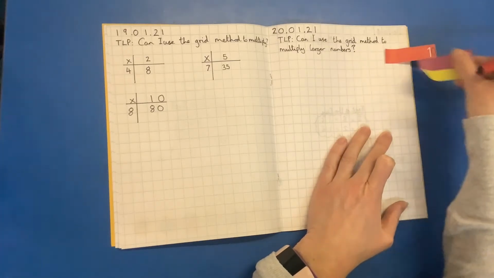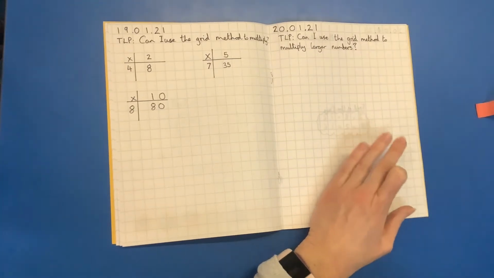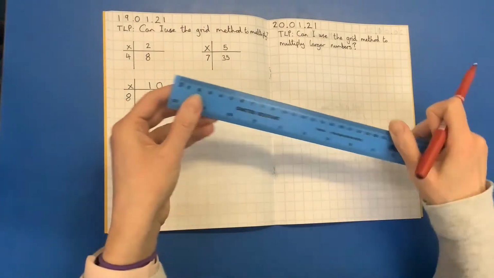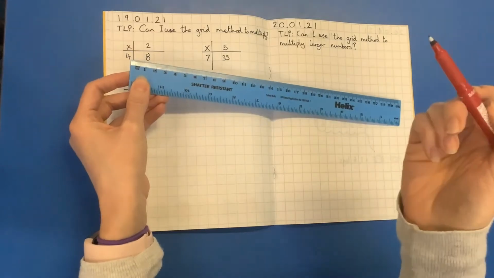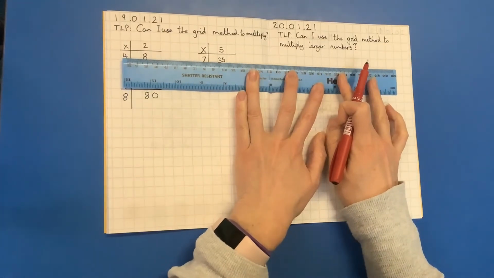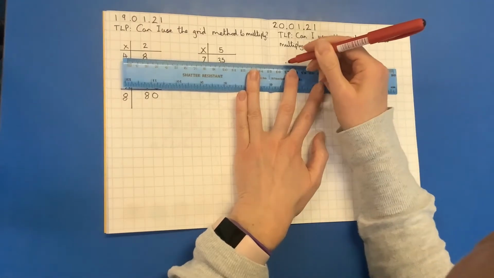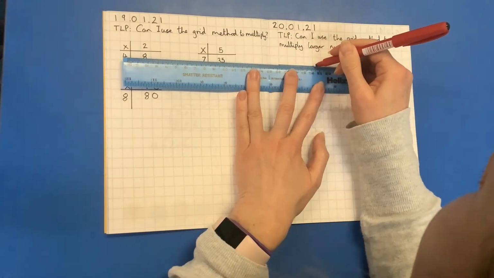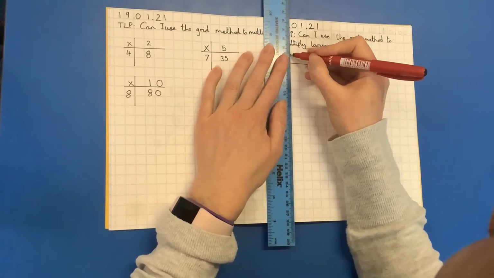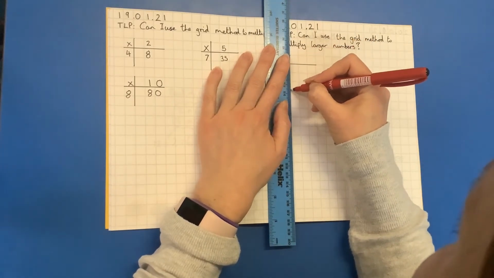Let's just have a quick reminder because it's really useful to try and remind yourself how we use our grid methods. So again, you're going to need your ruler. You're using a pencil, obviously. I'm using a pen to make it clear. So, where are my little soldiers here? So 1, 2, 3, 4. And I'm going down 1, 2, 3. Now, as our numbers get bigger, our grids might get bigger.